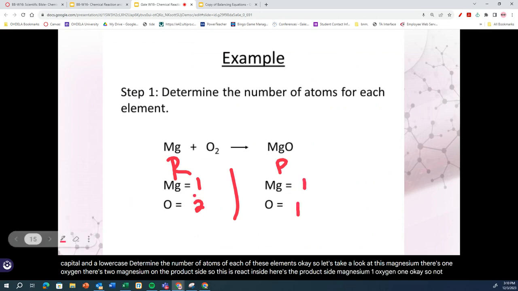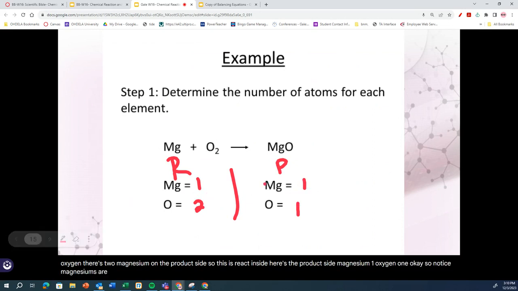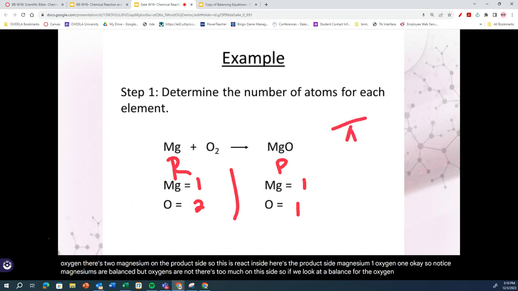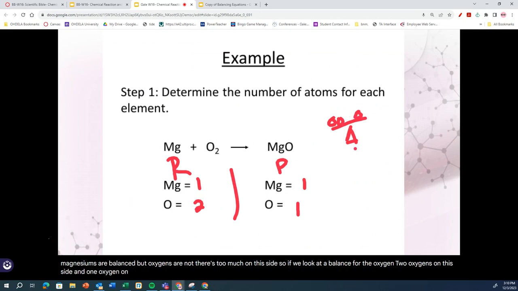Okay, so notice magnesiums are balanced, but oxygens are not. There's too much on this side. So if we look at a balance for the oxygen, I've got 2 oxygens on this side and 1 oxygen on that side. So this is just the oxygen. So I'm going to go over to this side, to the product side.